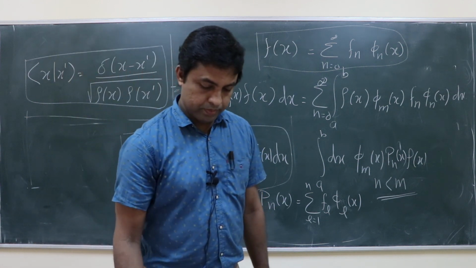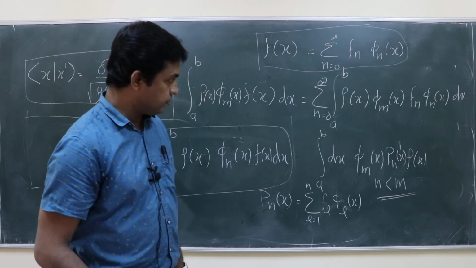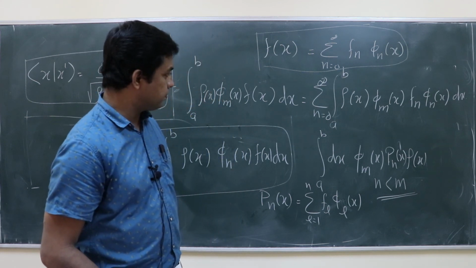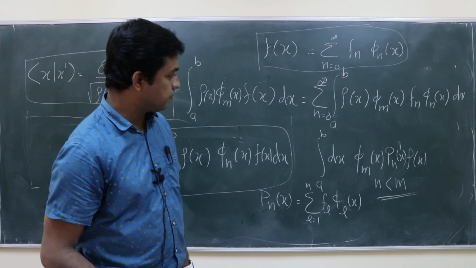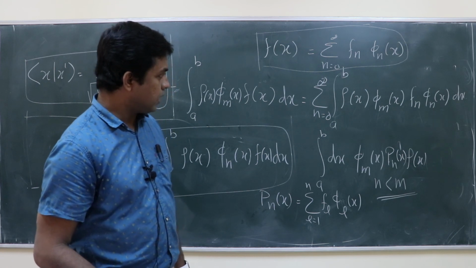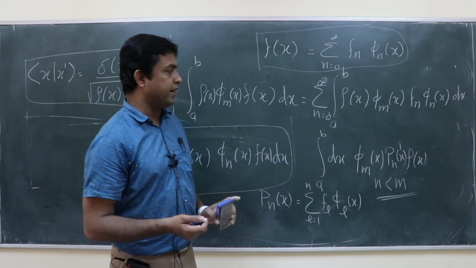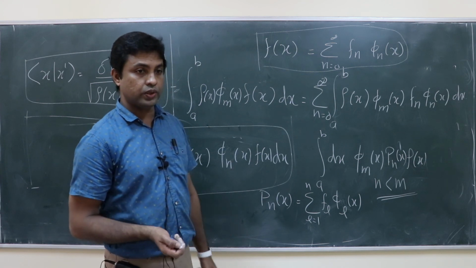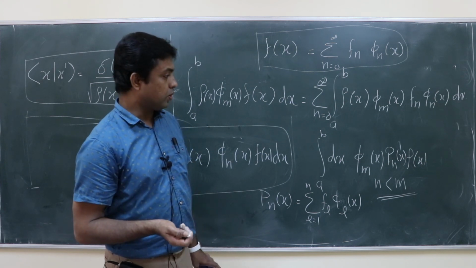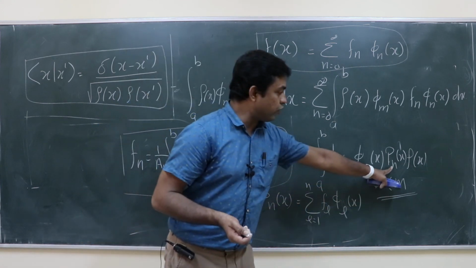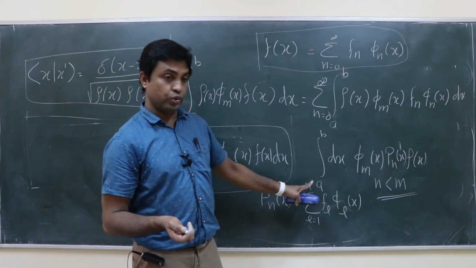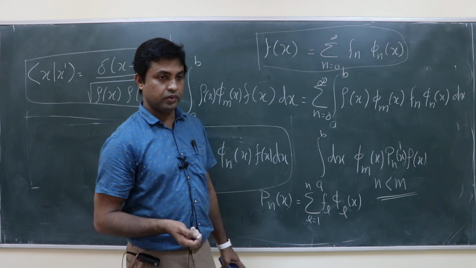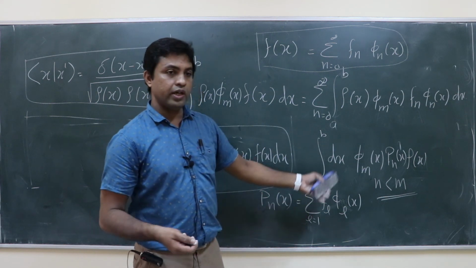This inner product is 0 because every phi n and phi m are orthogonal to each other if m is not equal to n. Because p n of x contains only the polynomials up to n, not including m, obviously they are all orthogonal.